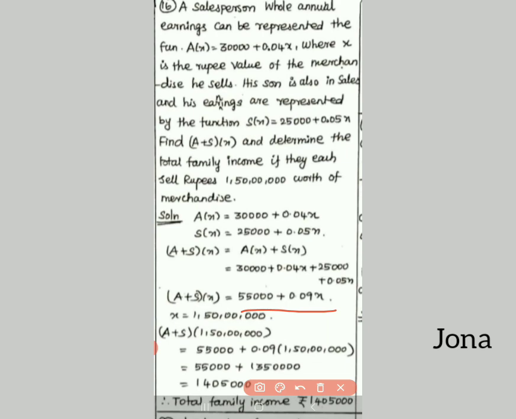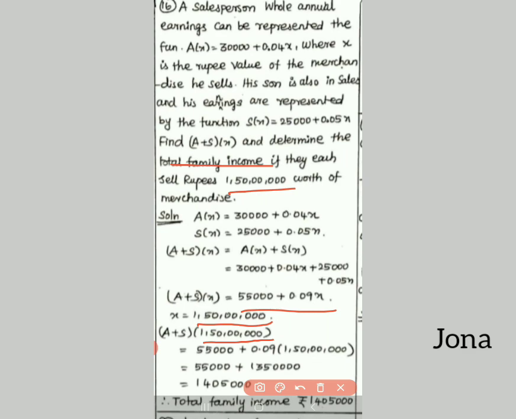And then the second question: we want to find the total family income if they sell 1,50,00,000 worth of merchandise. So here x is given, this one. Instead of x, I want to substitute the value here. So A plus S of, instead of x, I want to put 1 crore 50 lakhs.